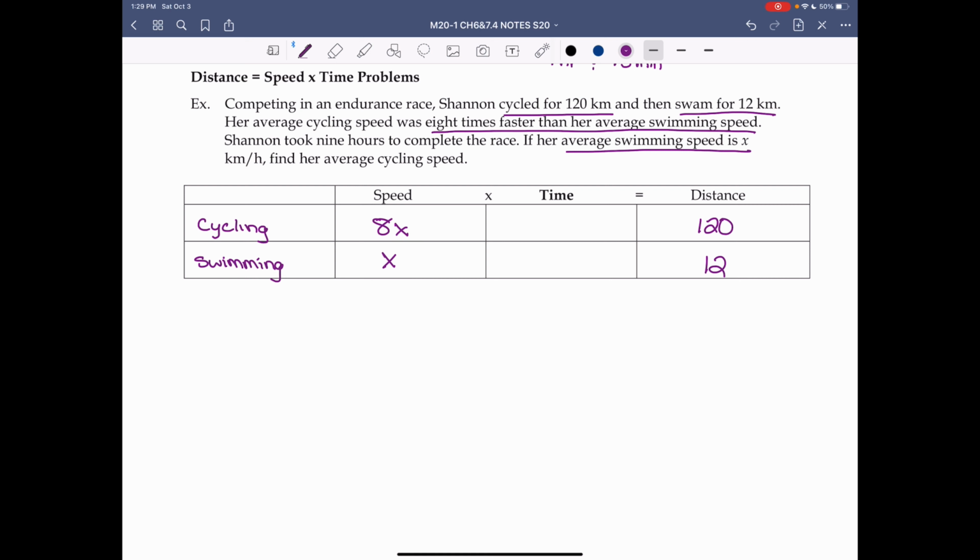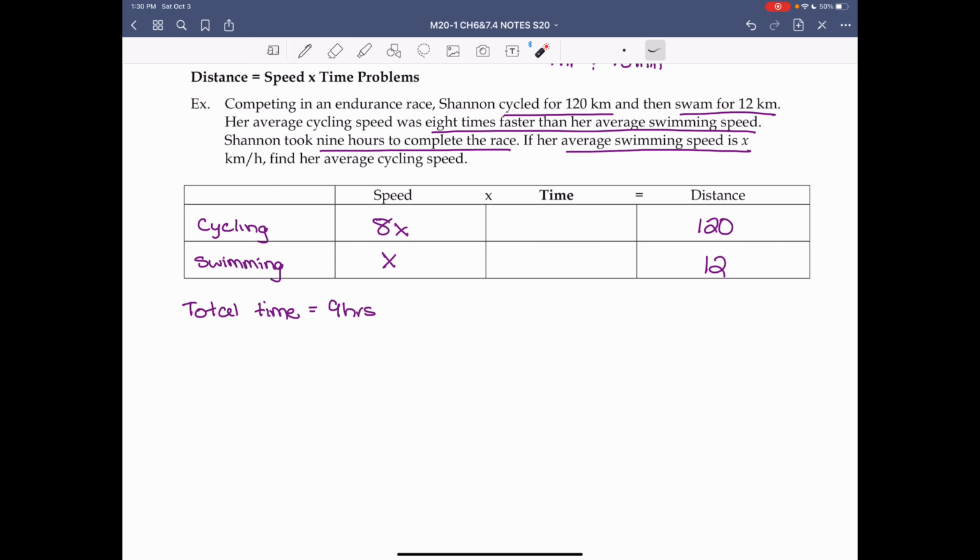Shannon took 9 hours to complete the race. So that means the total time equals 9 hours. We don't have any information about the time, but we know that speed times time equals distance. And we have the speed and the distance for both of our activities with variables.